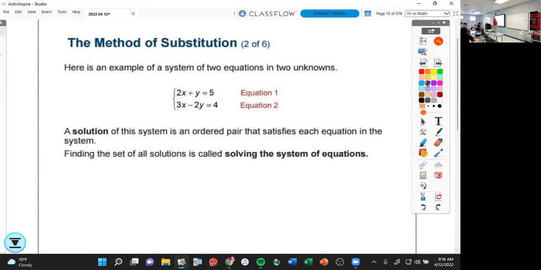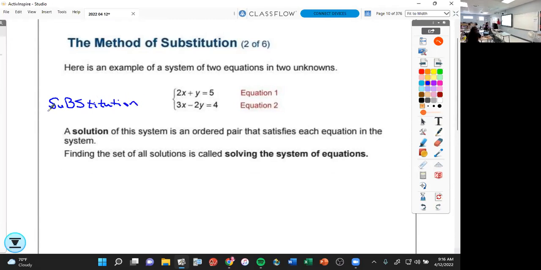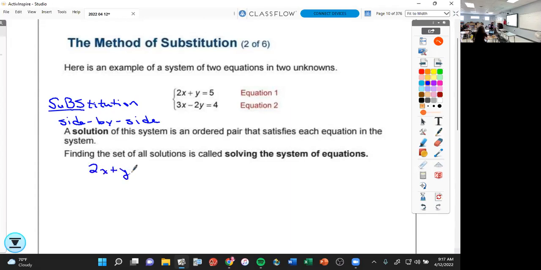SBS means side by side. So when you're solving the system using substitution, if you want them side by side instead of stacked on each other, you work with one equation for a while, then the other equation, and back and forth, right? So to solve this system, I would write side by side, 2x plus y equals 5.